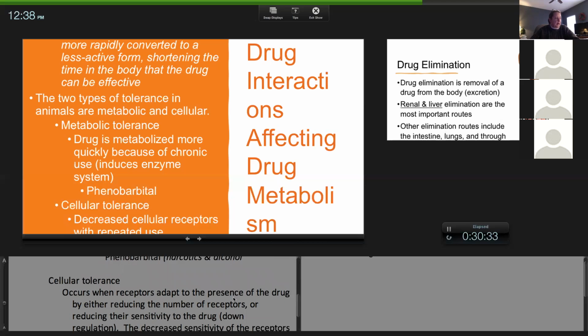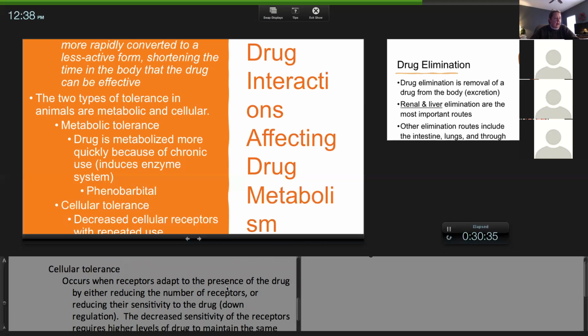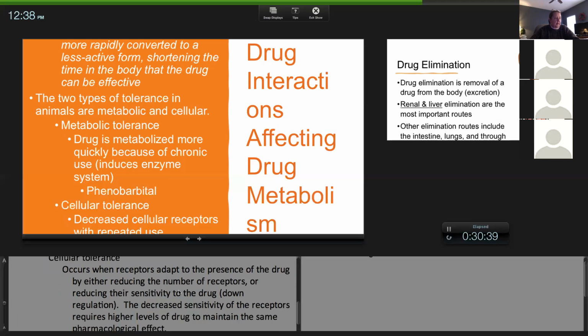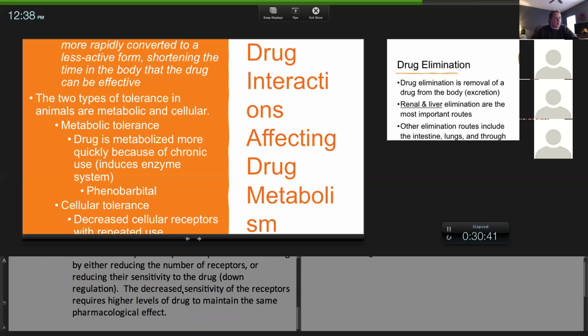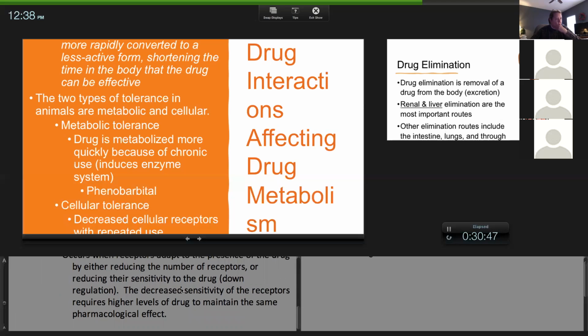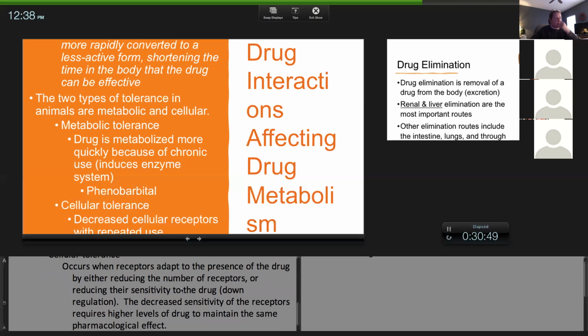And if we talk about cellular tolerance, when you have decreased cellular receptors, what can happen is the receptors aren't as sensitive to the drug. So it can reduce the receptors, it can reduce their sensitivity.